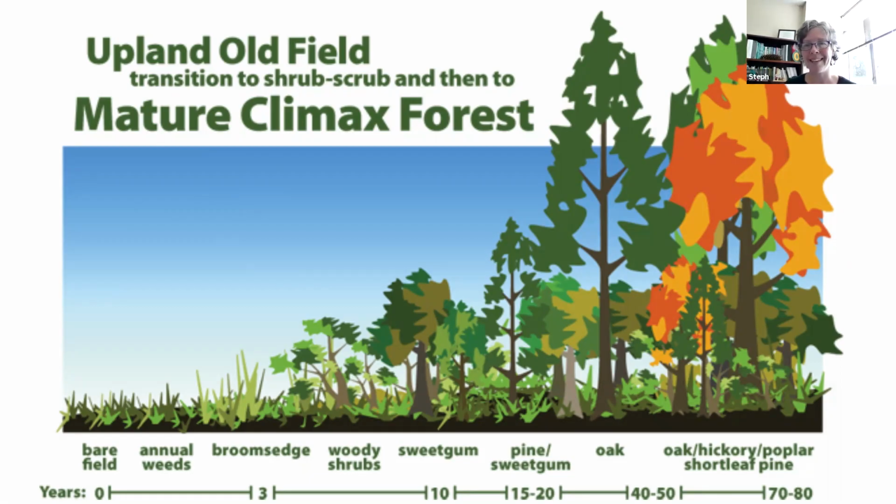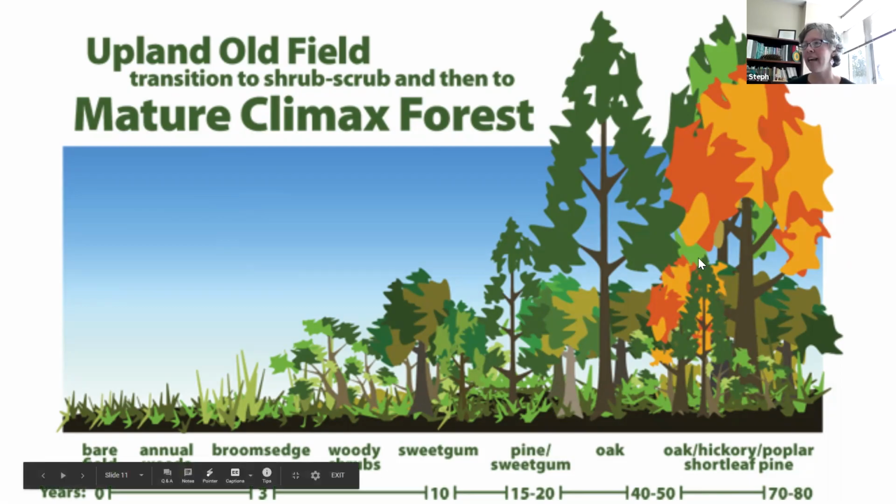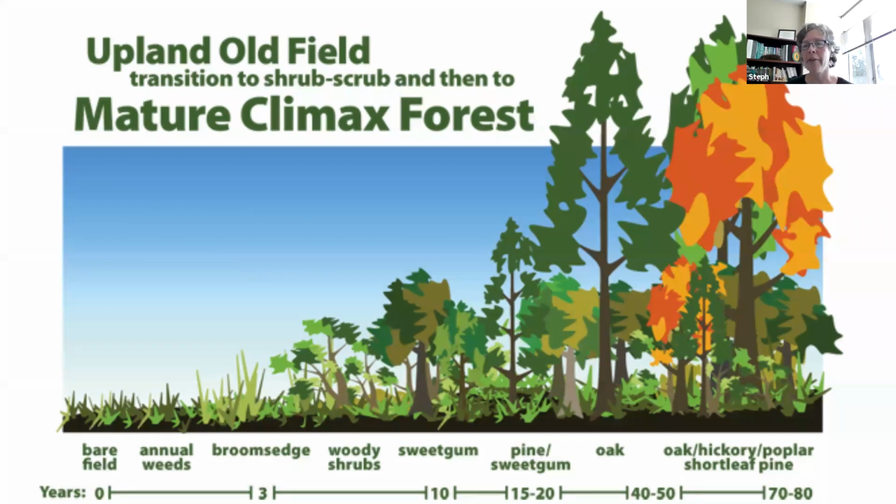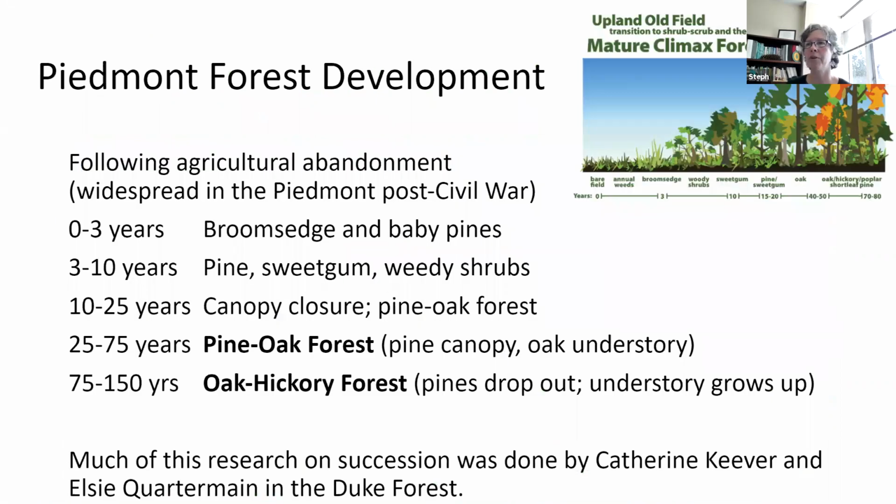You never see baby pines underneath pines. They are shade intolerant. And then over time, that forest diversifies, and you can see a developing structure towards the end of, say, 80 to 100 years. So this is a very predictable path, and we call this succession, right? It's a succession of vegetation that you can predict following agricultural abandonment.